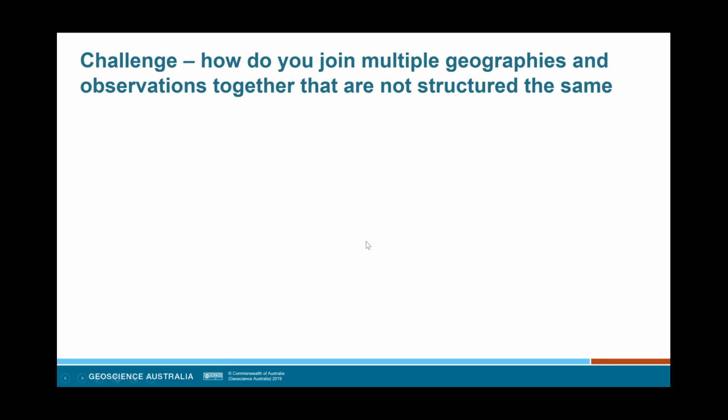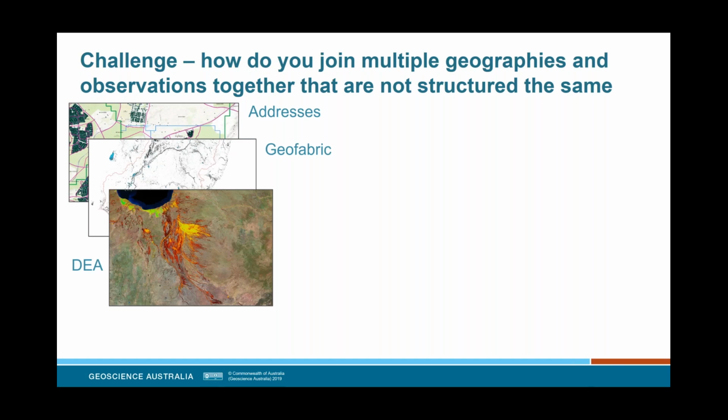First of all, our challenge is, how do we move multiple geographies, whether or not they're observations in the sense of Earth observations, or talking about addresses or polygons such as water catchments, or what we call the geofabric. But how we move these things together when they've been described differently.